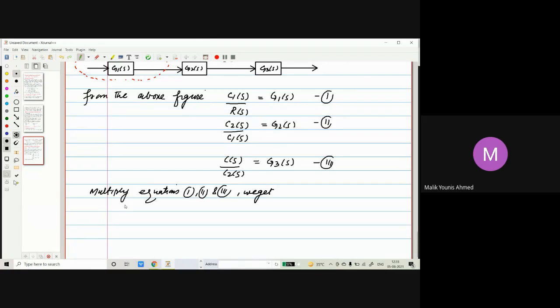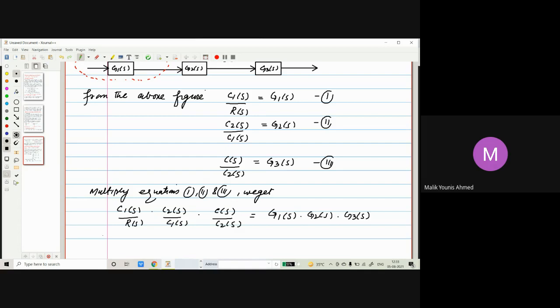That will be C1 of S divided by R of S, multiplied by C2 of S divided by C1 of S, on the left hand side I am multiplying, C of S divided by C2 of S, will be equal to G1 of S multiplied by G2 of S, further multiplied by G3 of S. So that's the right hand side. So C1 and C1 cancel, C2 and C2 cancel.